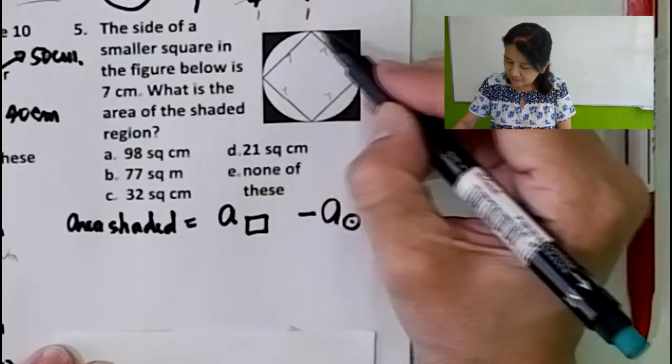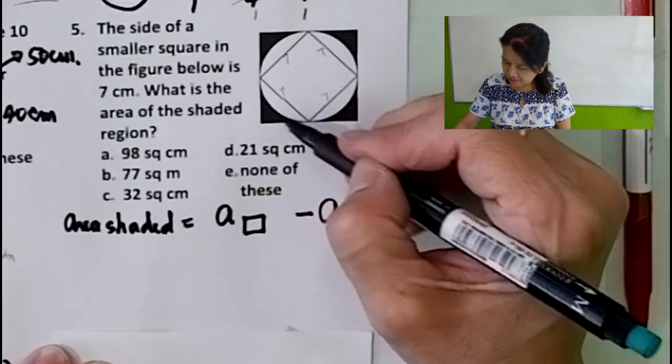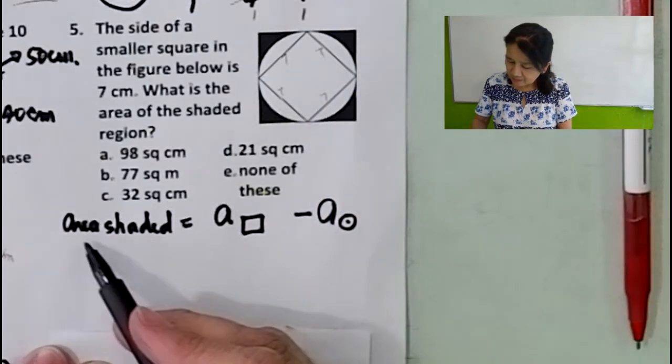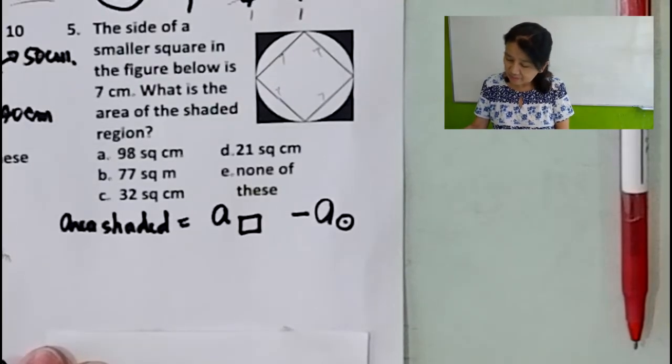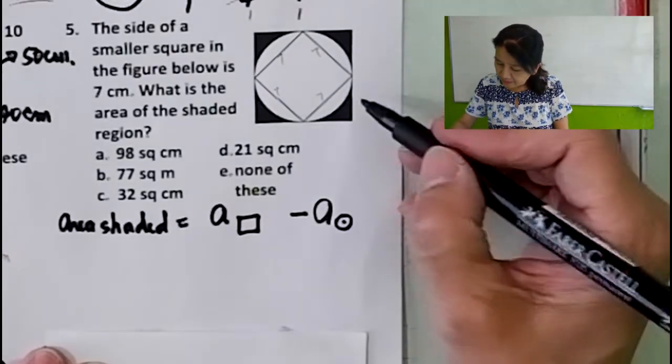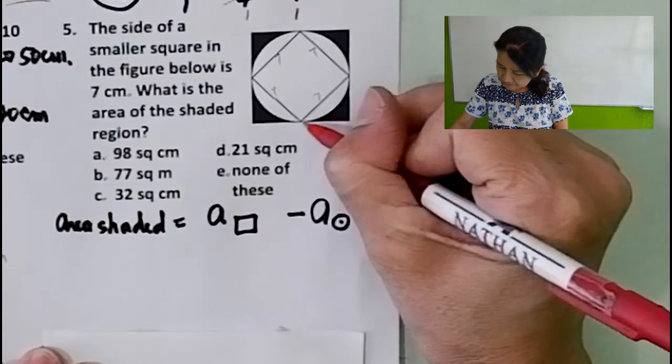This one. Area of the big square minus the area of the circle will give you the area of the shaded region. Okay? So, but how do we get this one?